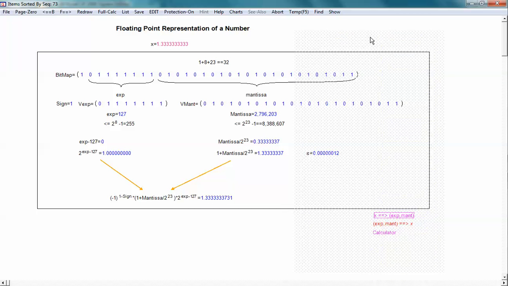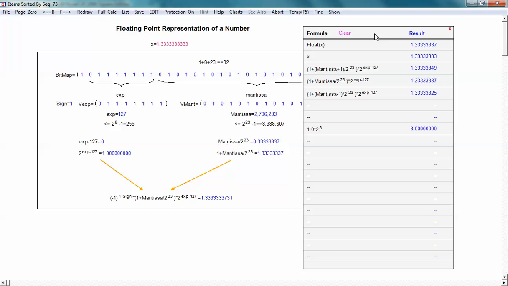Now watch what happens if we multiply our x by 2, say. Remember, the mantissa is always a number between 1 and 2, not including 2.